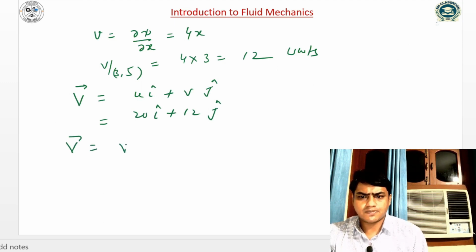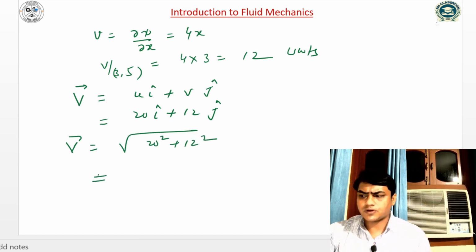The magnitude can be computed as the square root of 20 square plus 12 square. So it is 23.32.